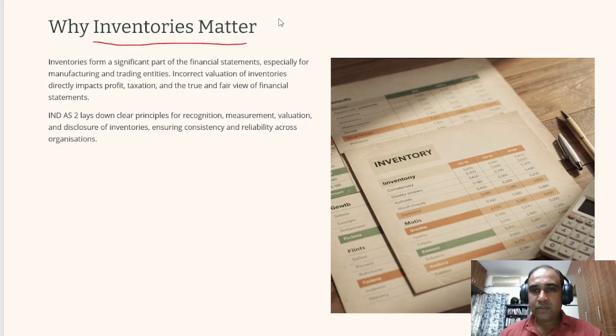So the valuation of inventory takes a very significant position when we are preparing the financial statements. In this standard, we will be discussing the recognition criteria, the measurement, the valuation, and the disclosure of inventories, guys.